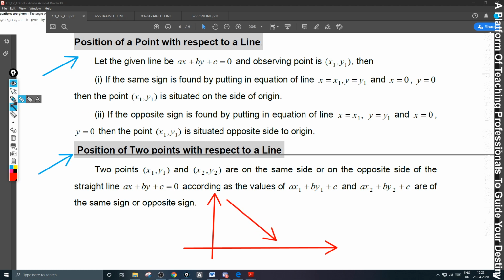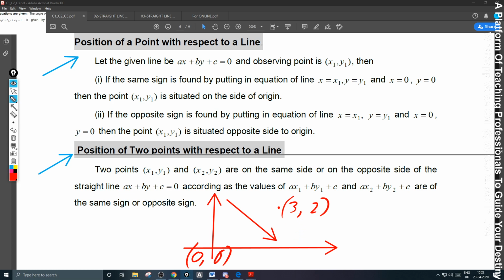And there is a point, let me take some (3, 2). This is (0, 0). Now we are interested whether this point lies on the origin side or the non-origin side.